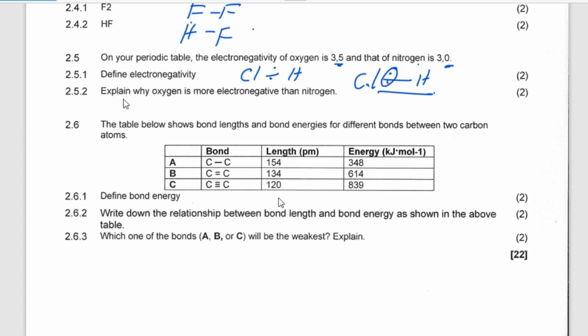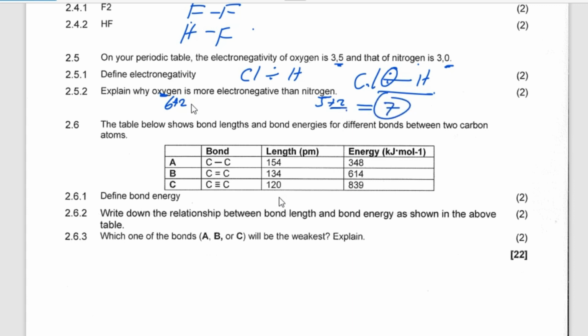Then we go to explain why oxygen is more electronegative than nitrogen. If you look at oxygen, oxygen is in group 6, while nitrogen is in group 5. If you go to the periodic table, don't forget that it has those 2 electrons from the first shell. So this one is going to have how many protons? 7.